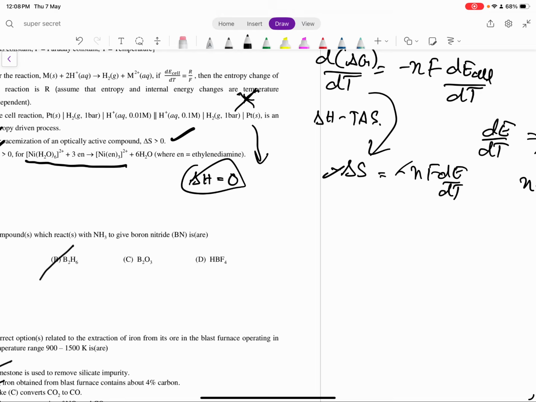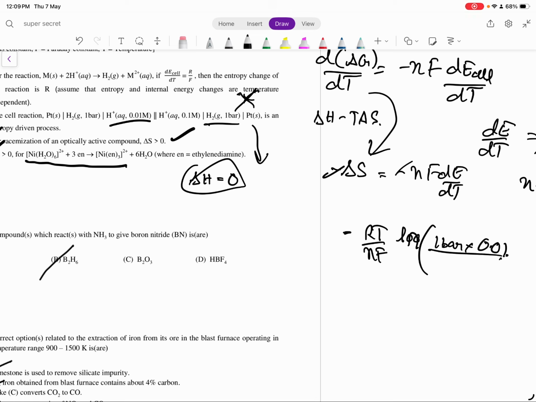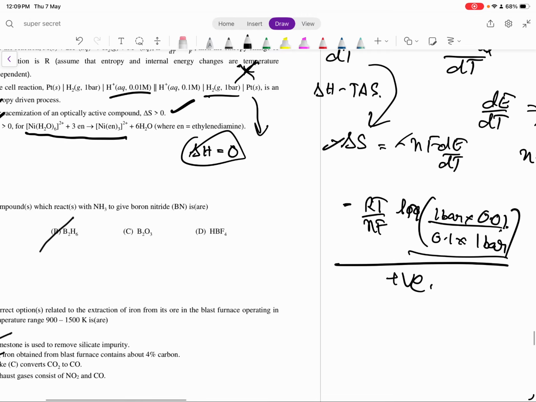So we have the cell potential according to the Nernst equation is equal to minus RT by NF ln of 1 bar into 1 bar, 0.01 mole by 0.1 into 1 bar. So this whole quantity is negative, so the entire quantity is positive.